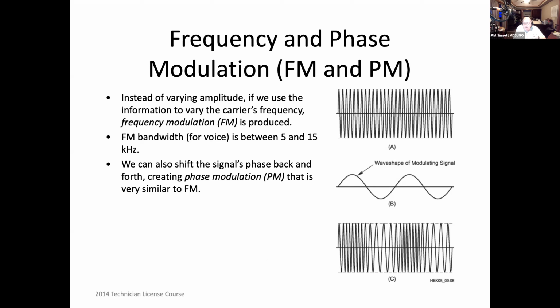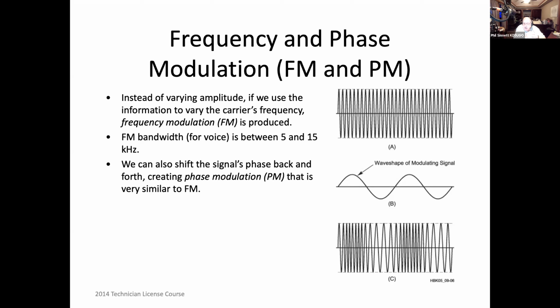The amount in frequency that FM signal changes is called the deviation. If the carrier frequency goes up 10 kilohertz and it goes down 10 kilohertz, well, it's being deviated 10 kilohertz.